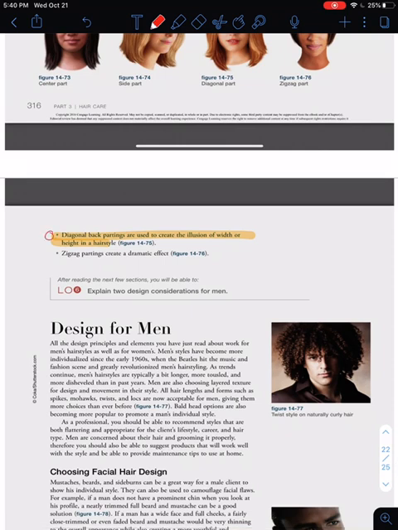At the top it says diagonal back partings are used to create the illusion of width or height in a hairstyle. Now we'll use this term for hair cutting. Let me draw another head. Sorry guys, they're not the best heads, but you get what you get. I'm going to draw two.